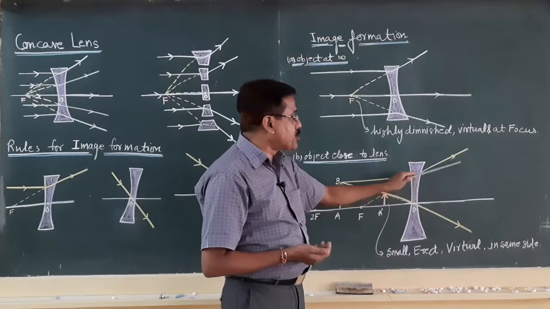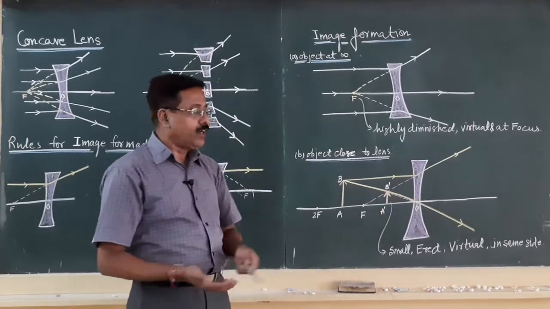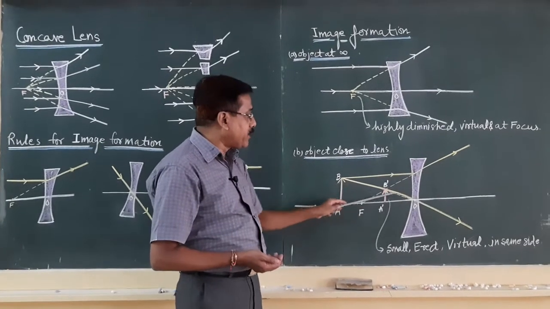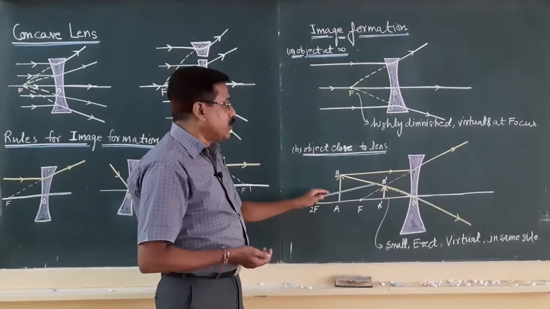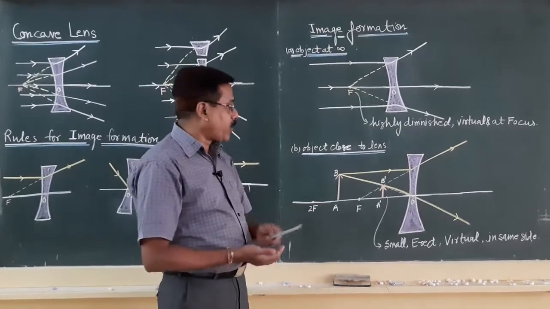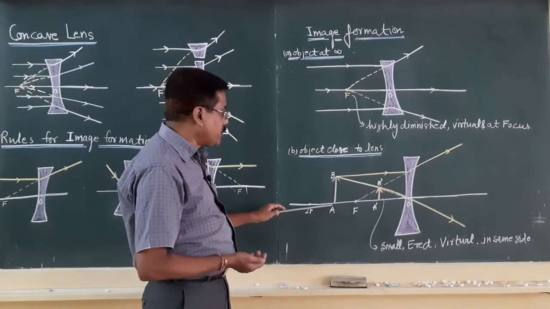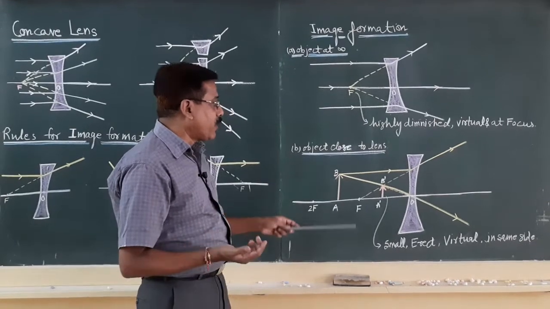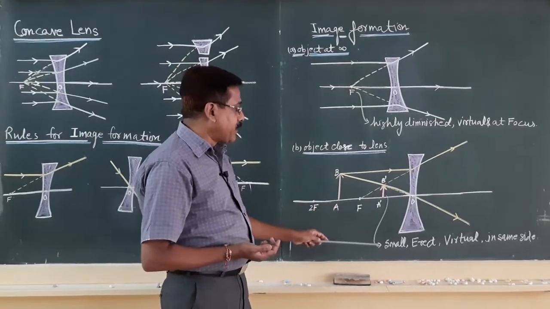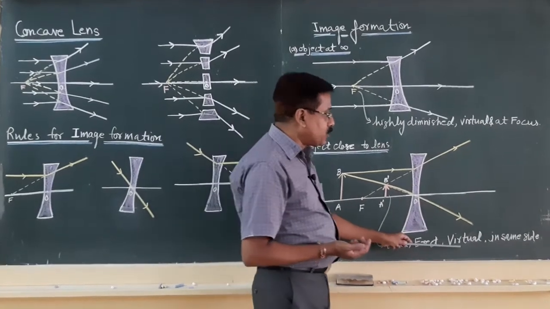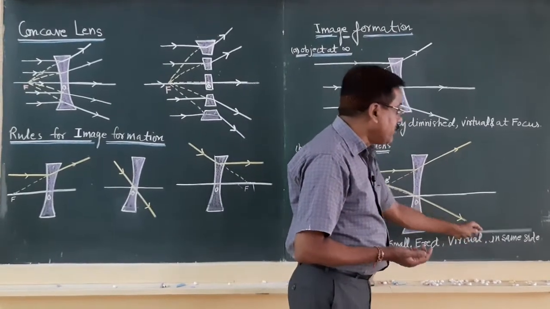So, these two cannot intersect each other. To find the intersection point, we have to extend the refracted rays in the backward direction. So, B dash is the intersection point, and A dash B dash will be the image of the object AB. Nature wise, the image A dash B dash will be very small, erect, virtual and on the same side.